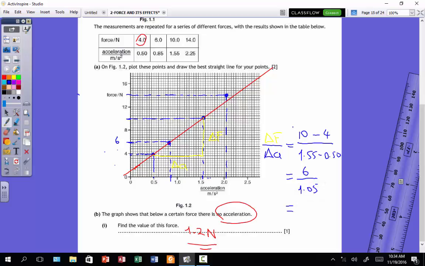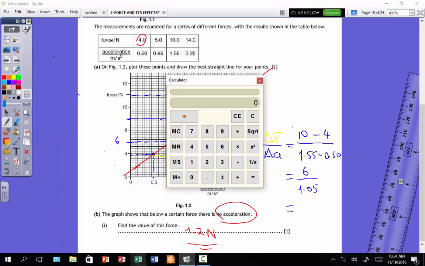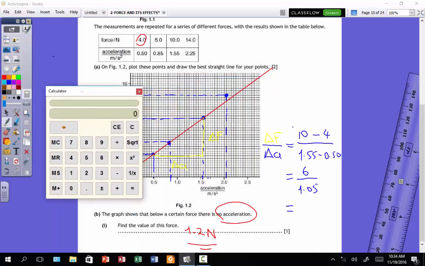Can we do it here? We have to find the calculator from the tools. On the maths tools, we can use the calculator here. 6 over 1.05, which is 5.7, incredible.